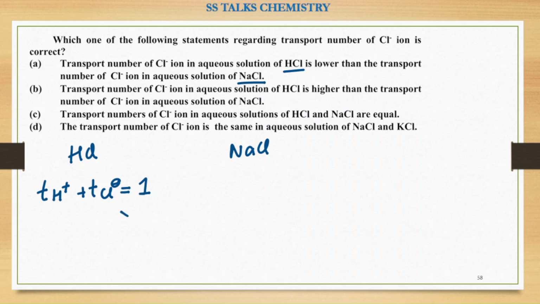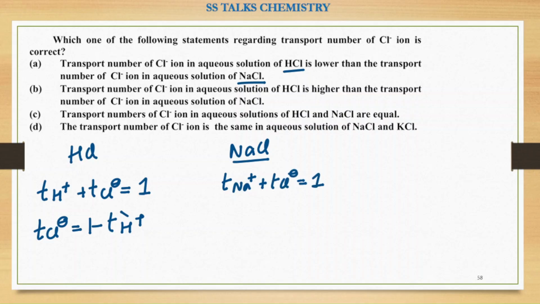So in the HCl case, the transport number of Cl negative is going to be 1 minus the transport number of H positive, whereas in the case of the NaCl solution, the transport number of Na positive plus the transport number of Cl negative is equal to unity. So in this case, the transport number of chloride ion is 1 minus the transport number of the sodium ions.